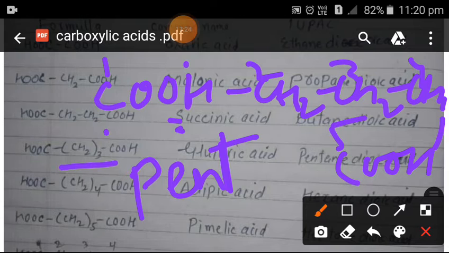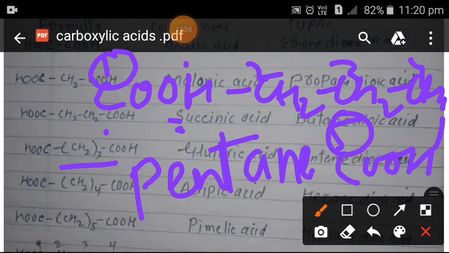After that, the primary suffix will be ane. So pentane. You can also give the numbering of the carboxylic acid groups. There is the first position, and this is the fifth position. So you write pentane 1,5. How many of these groups are there? There are two groups. Pentane 1,5 dioic acid.